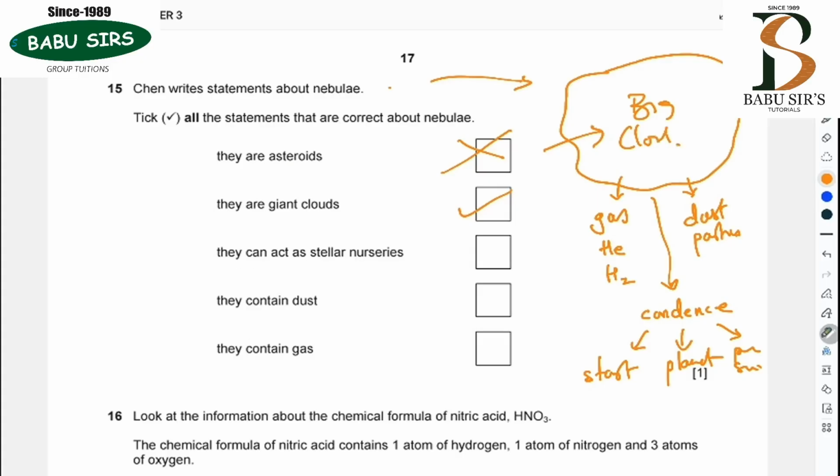They can act as stellar nurseries. Stellar nurseries means they can form stars. So this is also okay. They contain dust. Yes, they will contain dust also. They contain gas. Yes, that is also right. They will contain gas also of helium and hydrogen.